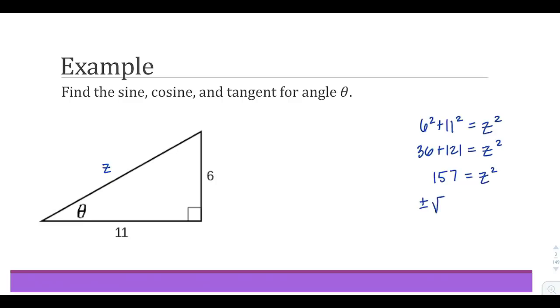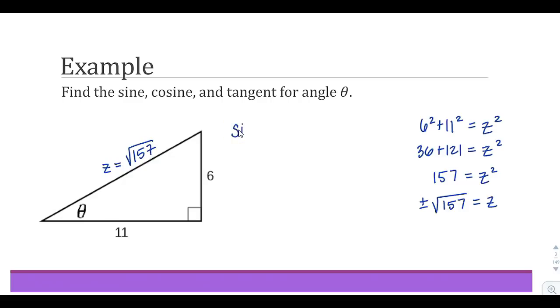So z is plus or minus the square root of 157. But we're going to only take the positive value because we're talking about the side length. So z, the hypotenuse, is the square root of 157. Now I have my opposite side 6, my adjacent side 11, and my hypotenuse, the square root of 157.